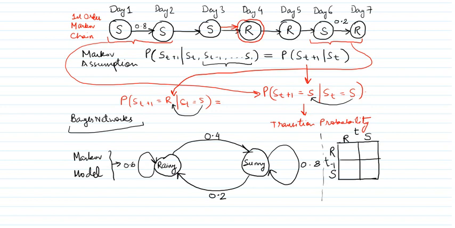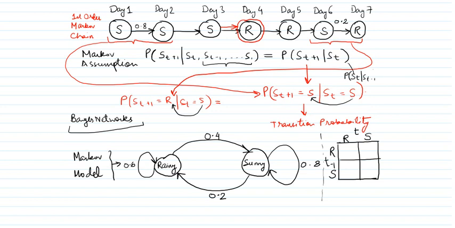We can also take t plus 1 and t. Here we have taken t plus 1, but it is actually the same thing. We can write the same thing as P of S_t given S_{t-1}.